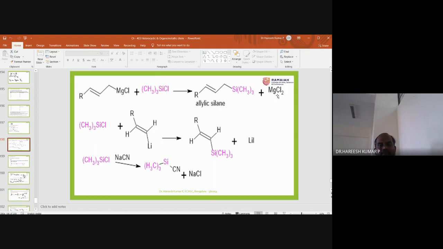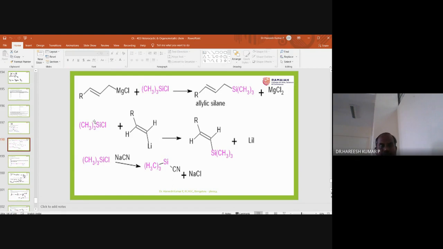Magnesium chloride, MgCl, and this Cl will go out. So what is the product formed? This double bond CH2 is called allylic, and this is silane because Si is between the two carbons. This is one carbon, this is another carbon. So silane, just like alkane.